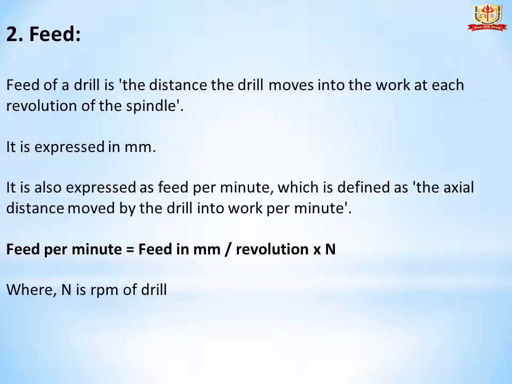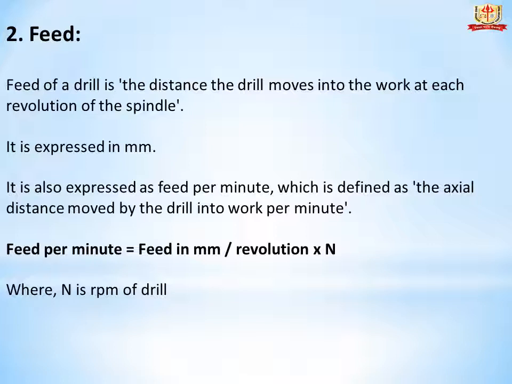Next parameter is feed. Feed of a drill is the distance the drill moves into the work at each revolution of the spindle. It is expressed in mm. It is also expressed as feed per minute, which is defined as the actual distance moved by the drill into the work per minute.